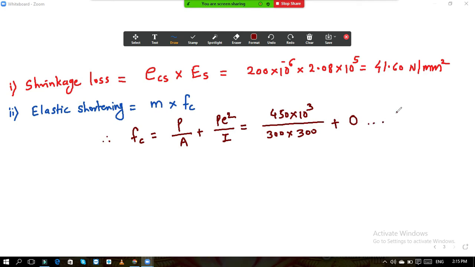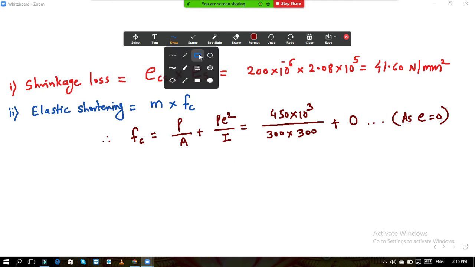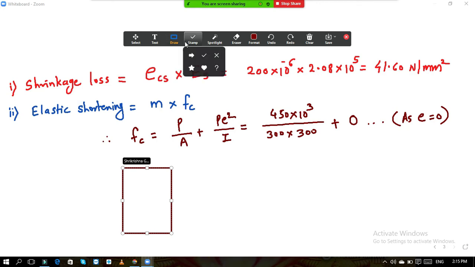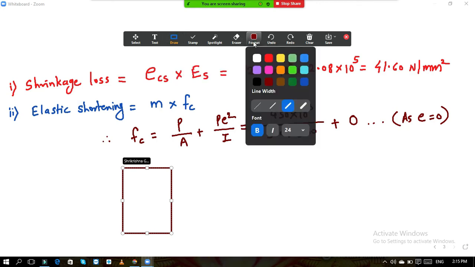Why is it 0? As the tendon is concentric, eccentricity is 0. So if the eccentricity is 0, then the term will become 0. Now how does this Fc come? See, suppose this is the cross section, and now you have provided the reinforcement.